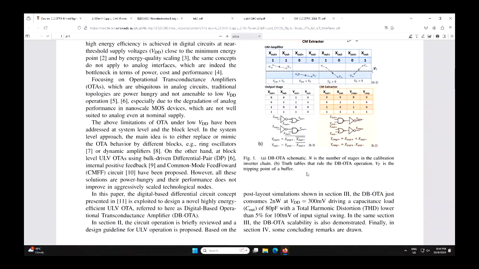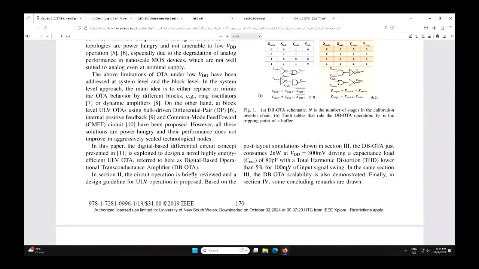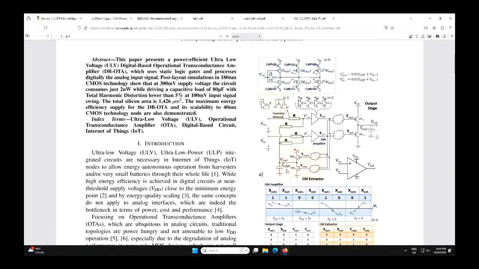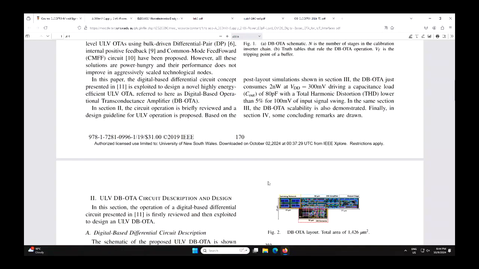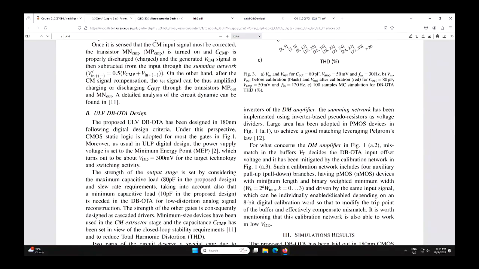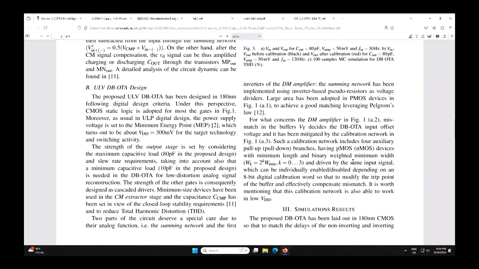Okay, and it's mentioned here, it's mentioned here, the PMOS devices.